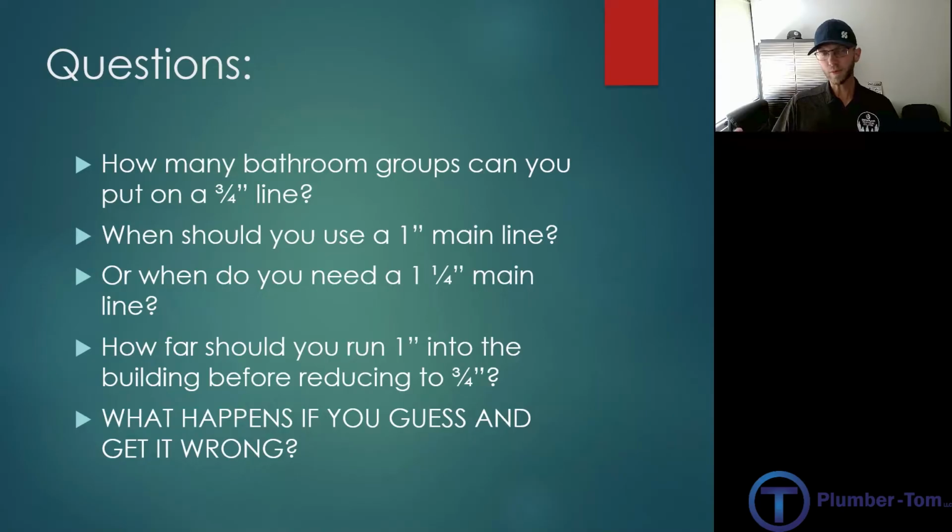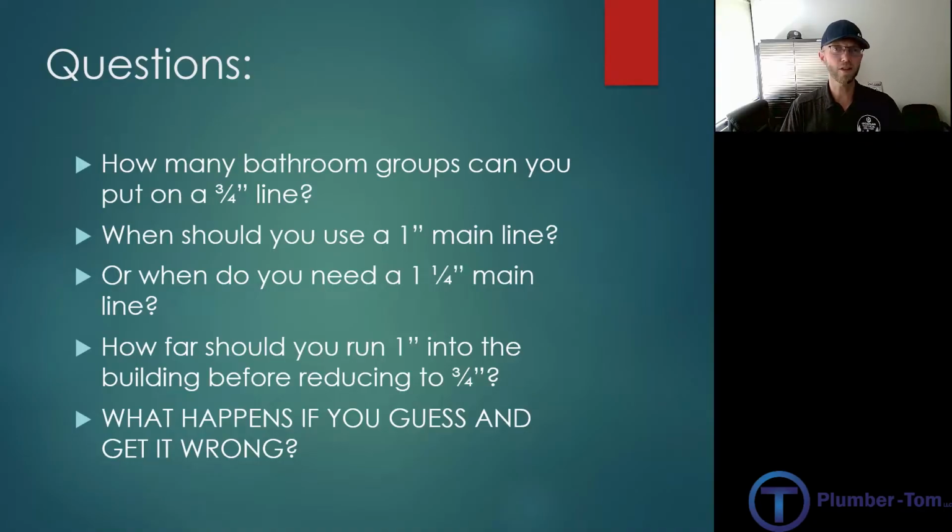While we're riddling here, how about a few more questions? How many bathroom groups can you put on one 3/4 inch line? If you're running a 3/4 inch distribution pipe out and you got branches off to bathroom groups, well, how far can you go with one 3/4 line? When should you use a 1 inch main line or even a service line? We talk about service versus water distribution pipe back in Chapter 6. Your service line is what brings all the water in. Minimum size is 3/4 inch.